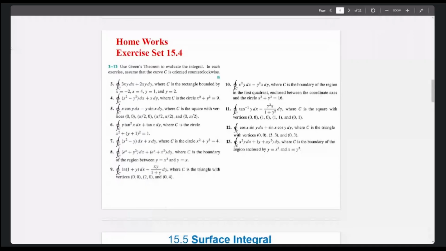Okay, we're now going to solve a problem. The first one follows a similar pattern to the last example that we have discussed in the lesson.